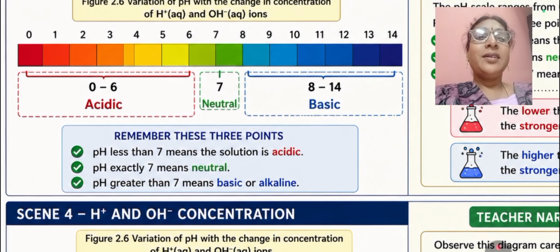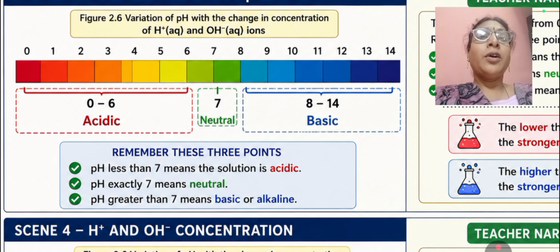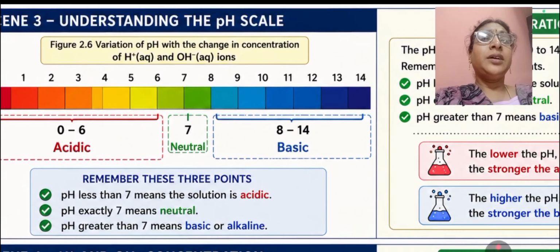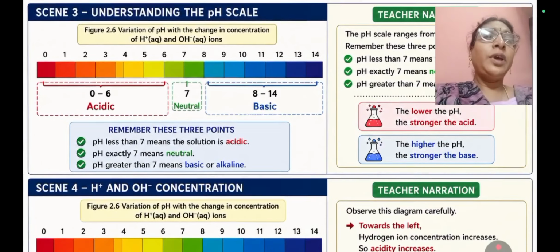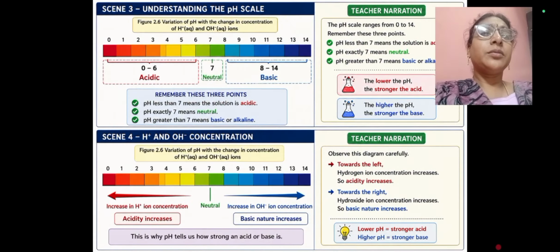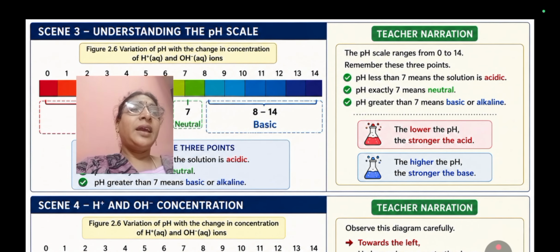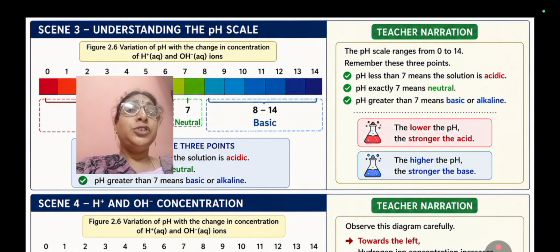This is how all of you should remember which values are acidic, which values are basic, and which values are neutral. Here we have to remember this: the pH scale ranges from 0 to 14.